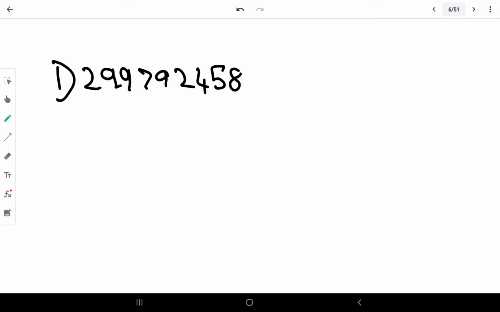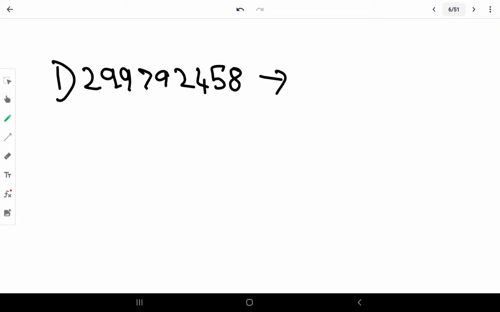So first of all, let's take the number 299792458. If they ask you to write it in standard form, first, there are no decimal places.